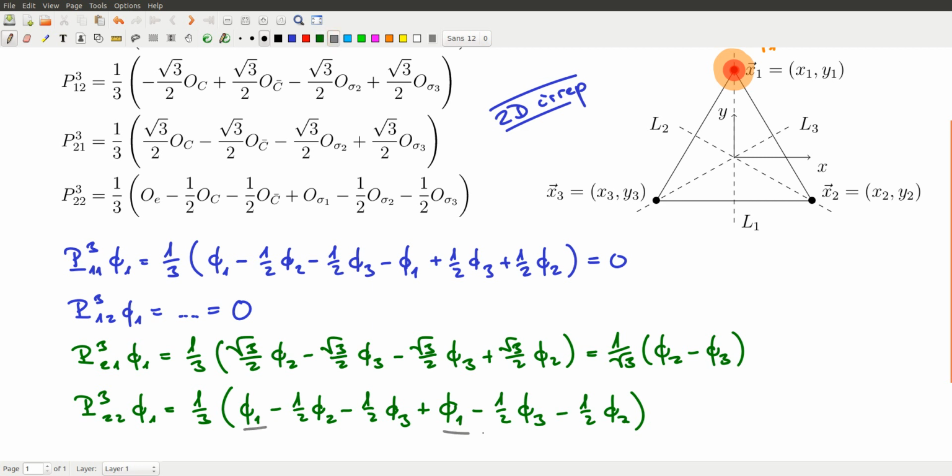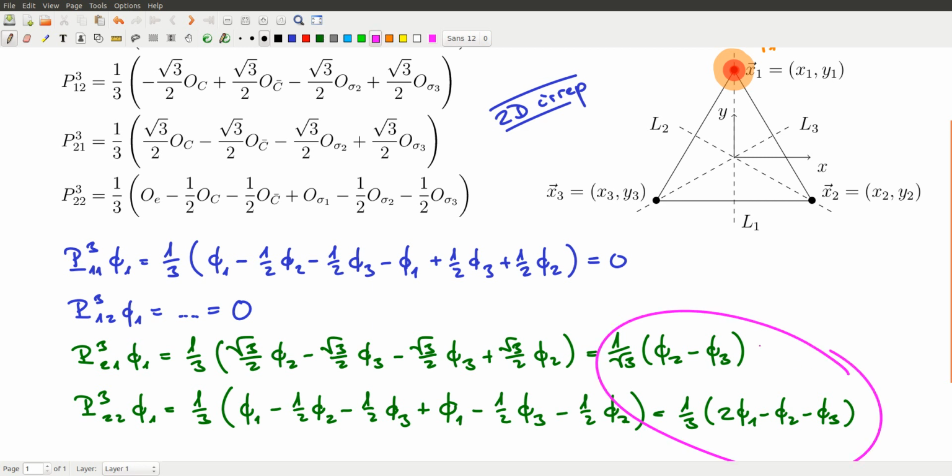Now we have the phi 1 twice here, and say the phi 2, for example, we get once with a minus sign, and the same with the phi 3. So that is 1 over 3, 2 phi 1 minus phi 2 minus phi 3. And well, this is a pair of functions that transform in this 2D irrep, or they are a basis for an invariant subspace which carries this two-dimensional irrep.